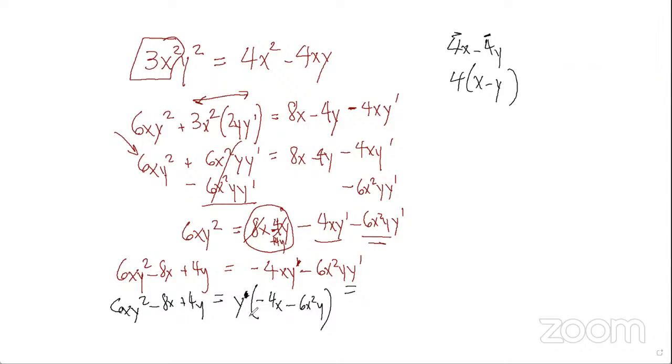Sorry, I have another question. Okay, go ahead. In the second to last line, the 6xy squared, yes, that line, why is it negative 8x plus 4y? Right, because I subtracted 8x from this side. But why wouldn't it be negative 8x minus 4y?